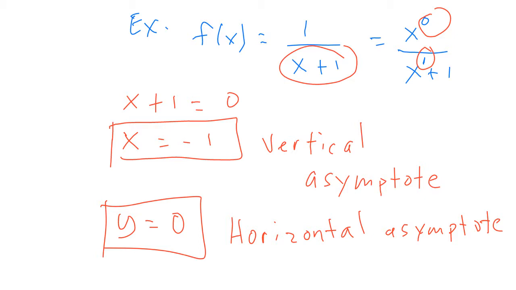Okay, so note of these two equations here: x is equal to -1 and y is equal to 0. And then we will graph this one. So you can see the part where the graph is broken.